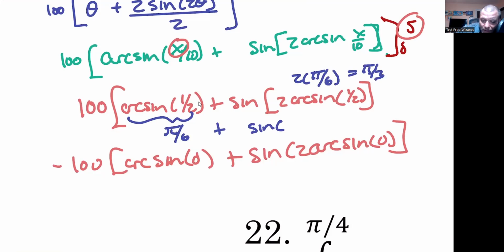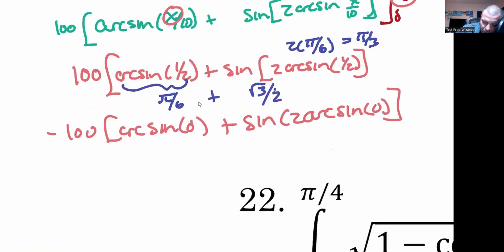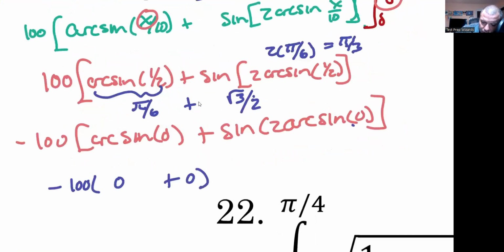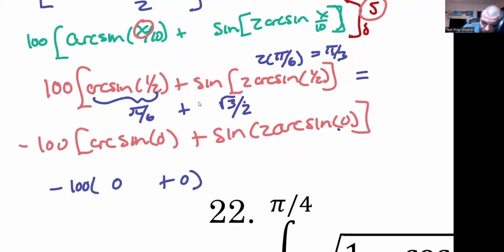The sine of pi over 3 is radical 3 over 2. And then we're going to take away, well, the arc sine of 0. How many radians give me 0? 0. So the arc sine of 0 is 0, and the sine of 0 is just going to be 0 again. So we're just going to end up with 100 times those two things.